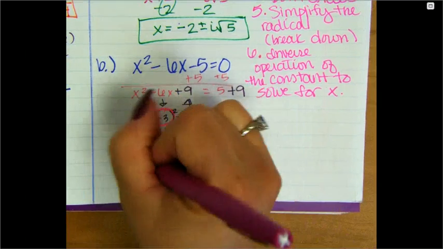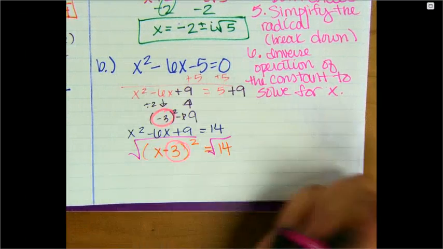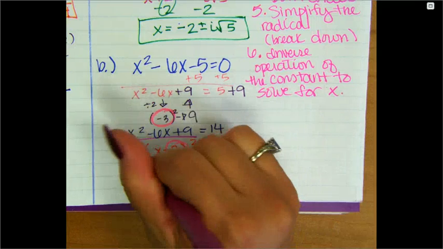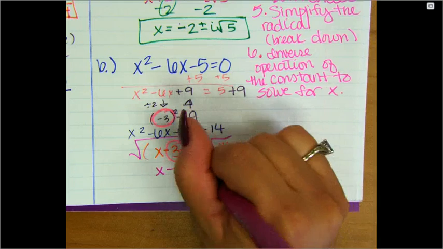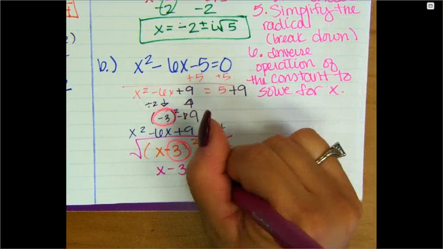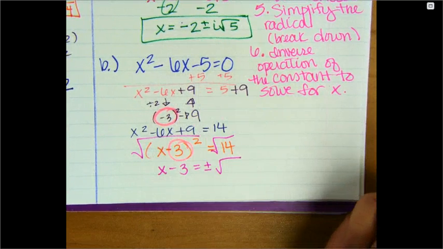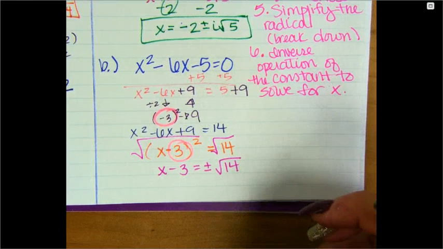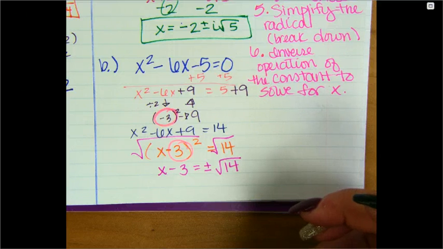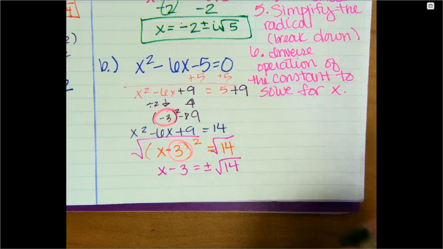Square root it. So what do I get on the left? X minus 3 equals, what's on the right? Plus or minus square root of 14. Does 14 simplify? 2 and 7. Does it simplify after that? No. Does that help me? No. Okay, now what?